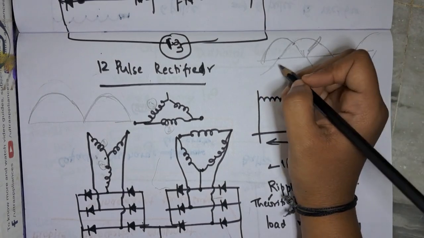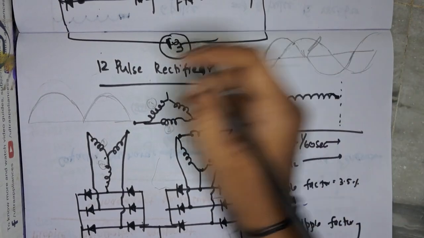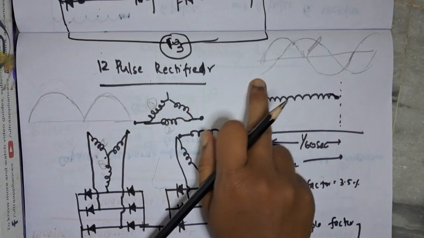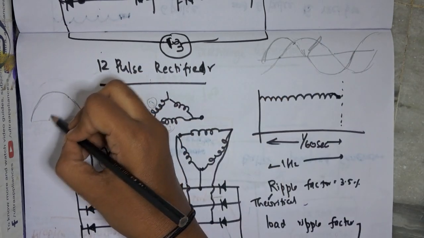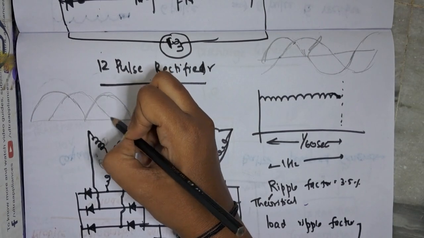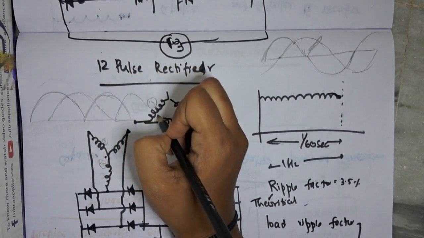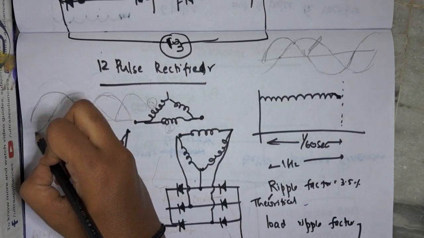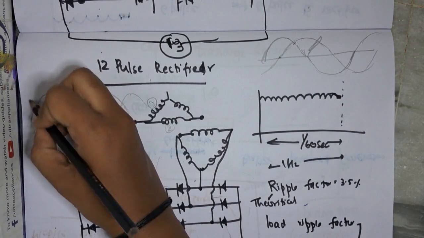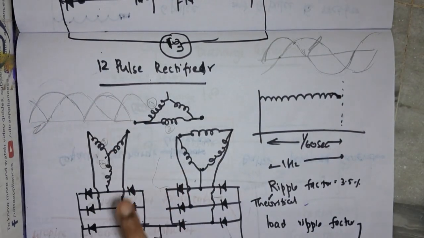In the second phase, it starts from 120 degrees. Here also X-rays are produced in positive and also in negative. Sorry, it will come like this. This is the second phase.